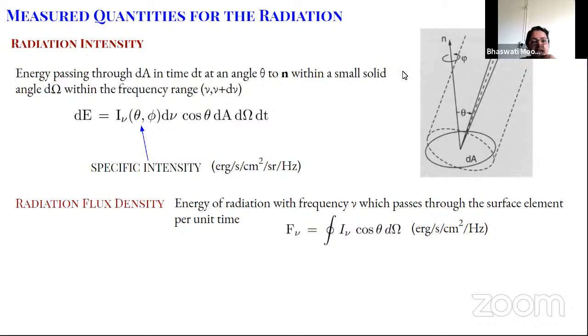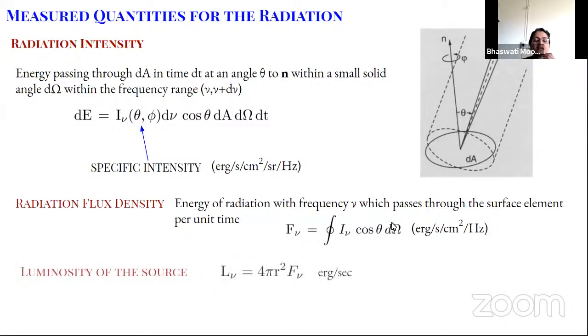So what we do is integrate over the entire solid angle. The energy at a frequency nu that passes through the surface element dA per unit time is then called the flux density. And this is an integral over the angle over which the radiation is received, so you basically integrate over the solid angle.